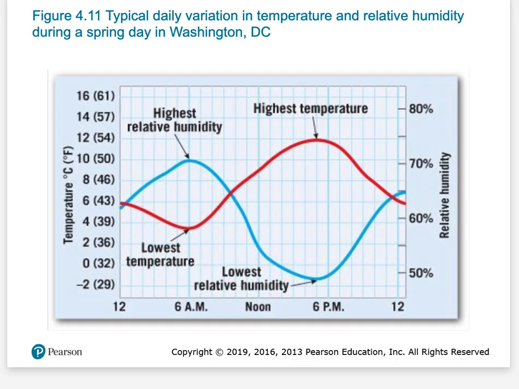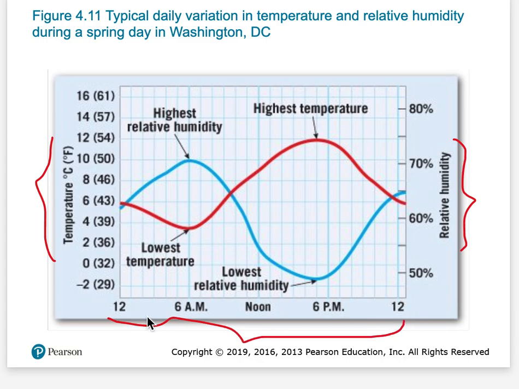So here, this is a typical daily variation in temperature and relative humidity during a spring day in Washington, D.C. So we have the temperature in degrees Celsius or degrees Fahrenheit here on the x-axis, and then relative humidity here, and then from midnight to midnight again.